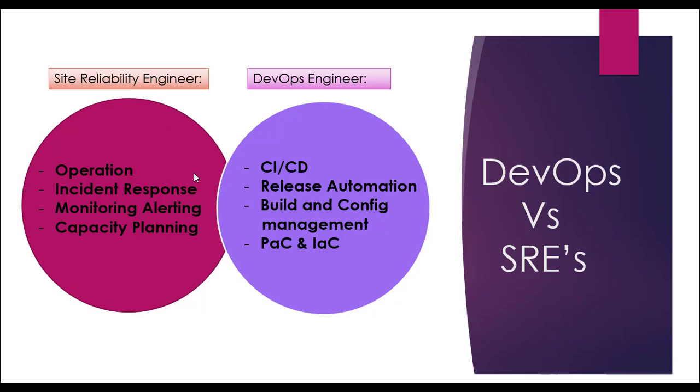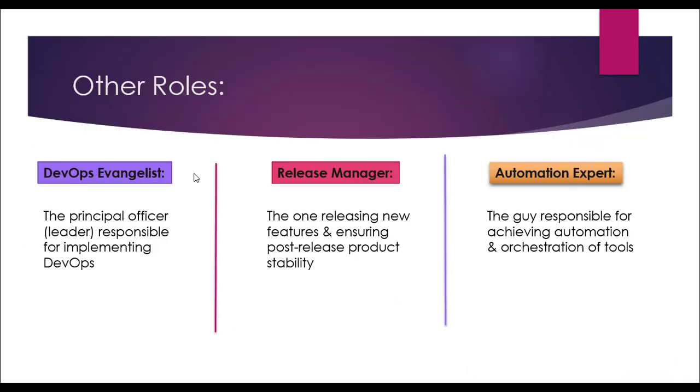SREs talk about capacity planning. So they go hand in hand. The major role both play is similar: bridging the gap between development and operation teams. That doesn't change. So, if you have a better understanding of the system admin part, then you can definitely opt for SRE roles as well.